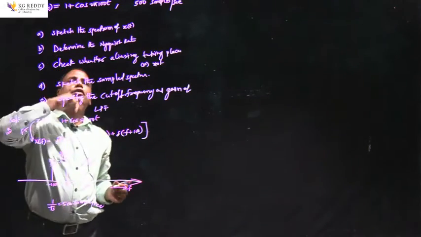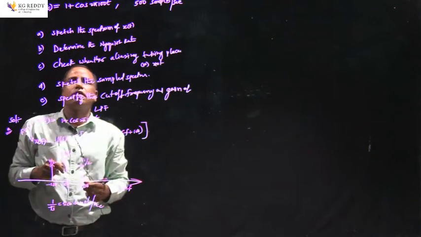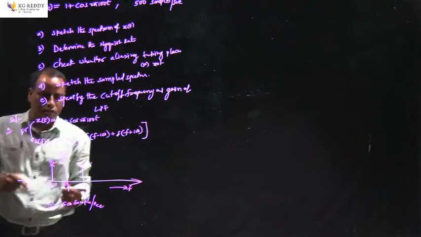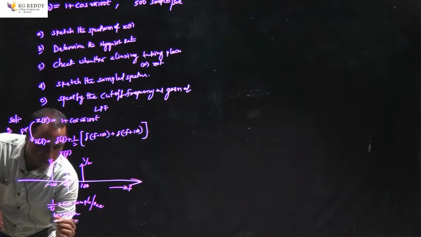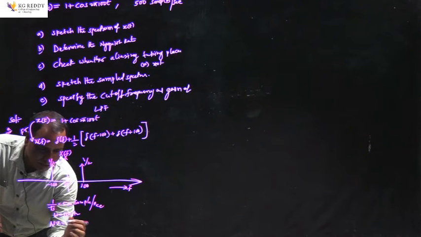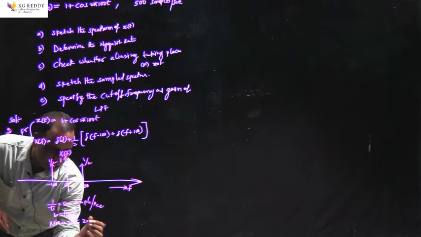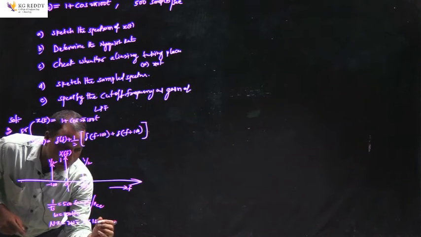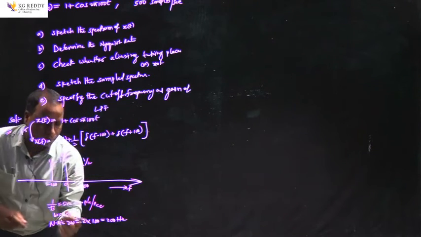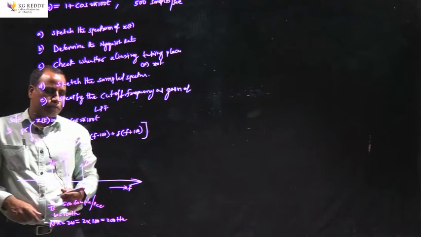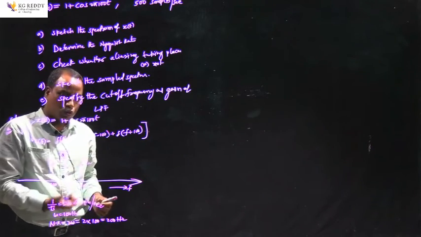The signal consists of a single frequency, omega equal to 100 hertz, and the Nyquist rate, as we have already seen, is 2 into omega. So 2 into 100 becomes 200 samples per second. So 1 by Ts is 500 samples per second, while the Nyquist rate is 200 samples per second.